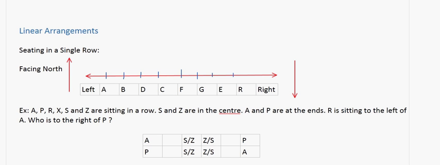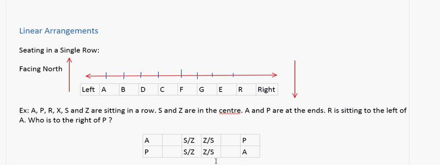If you see, they become 4 cases. First case becomes A, S, Z, P. Second case becomes A, Z, S, P. Third case P, S, Z, A. Fourth becomes P, Z, S, A. These are the 4 cases.